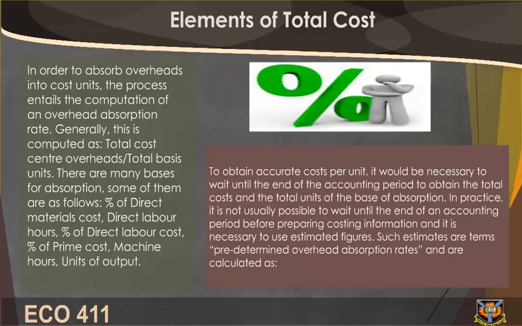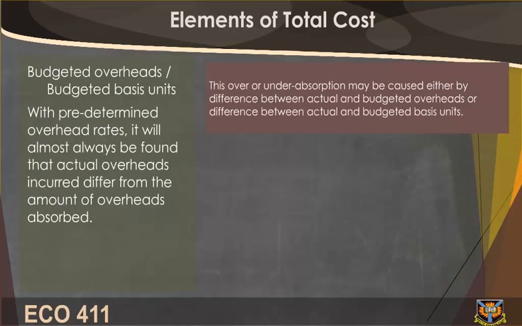Such estimates are termed predetermined overhead absorption rates and are calculated as follows: budgeted overheads divided by budgeted basis units.